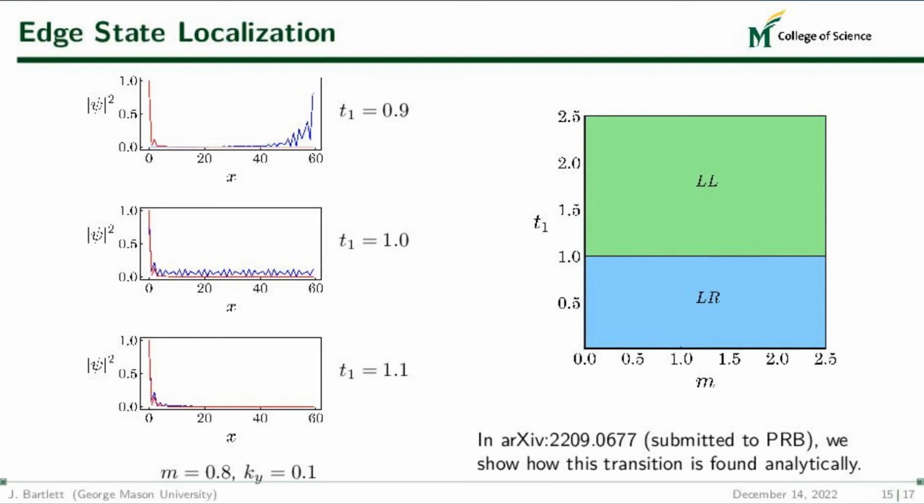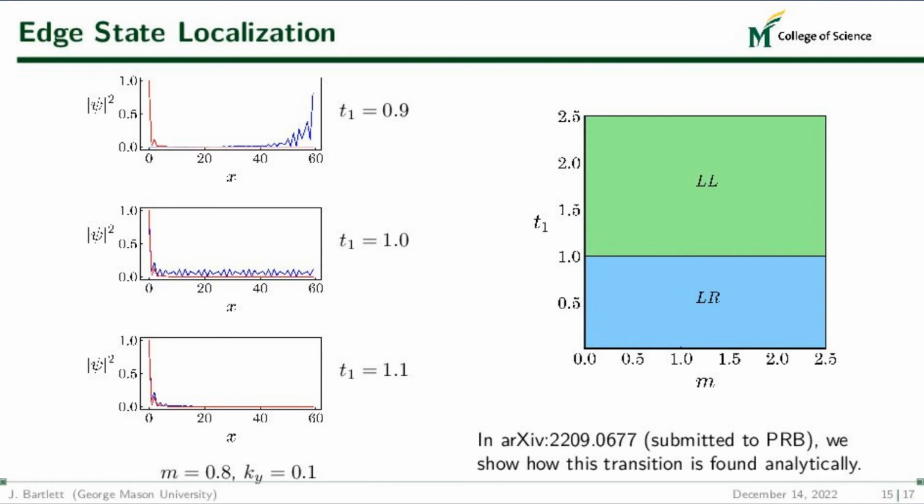We're looking at the probability densities of the edge states. Below the transition line, for T1 equal to 0.9, we have one edge state in red on the left-hand side of the lattice and one edge state in blue on the right-hand side of the lattice.